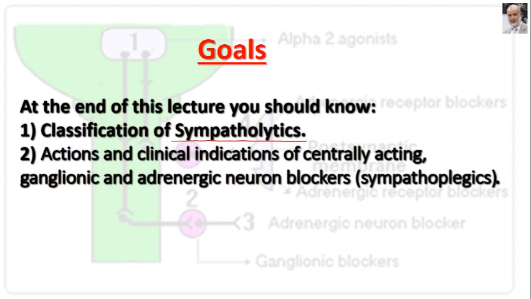These three groups, as we will see, produce what's known as sympathoplegia, because they produce paralysis of the whole sympathetic activity in the body. Okay, so these are the goals of the present presentation. So first we'll talk about the classes.